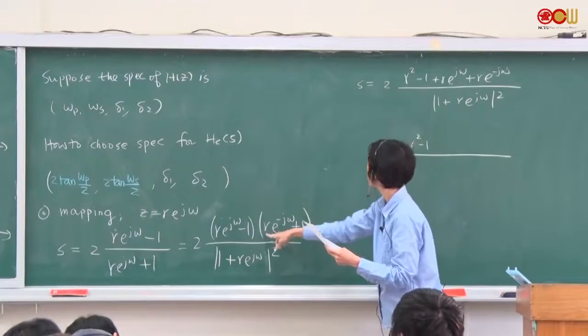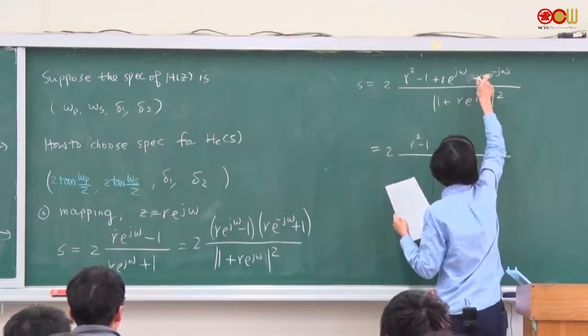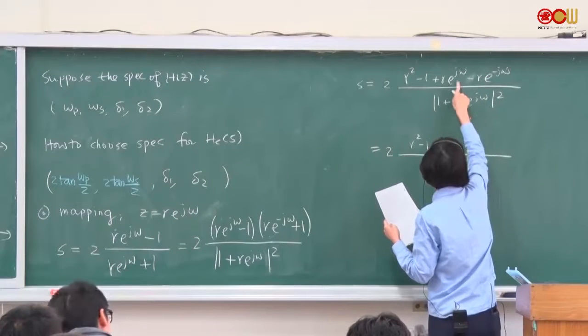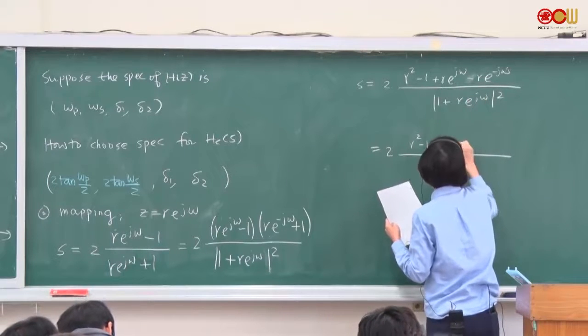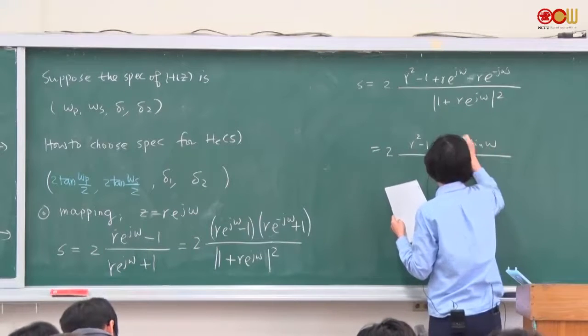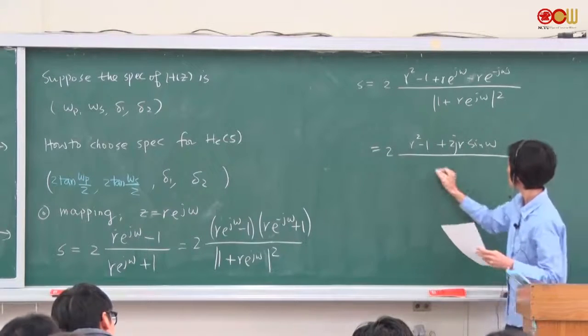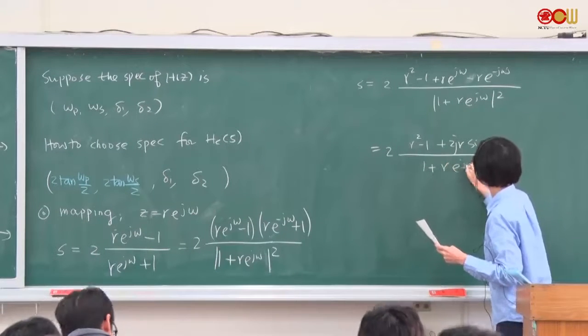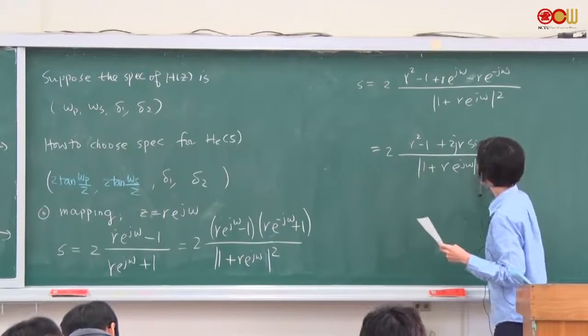Oh, 1 is plus, 1 is minus. This is minus, this is minus, okay? And this one would be 2jr sin ω, okay?